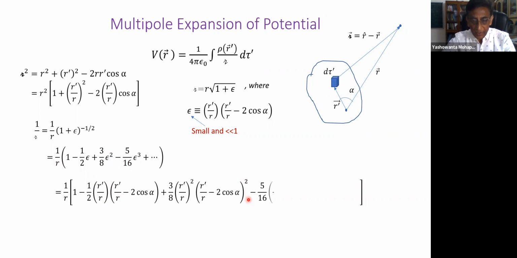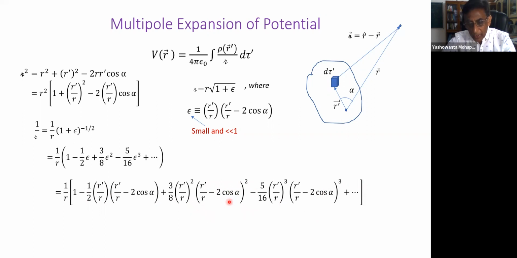And then the minus 5 by 16, the cube term also here. Okay, so we have done that. Now we have many terms, but you realize that here is the first order in r prime by r. But there is a square here.